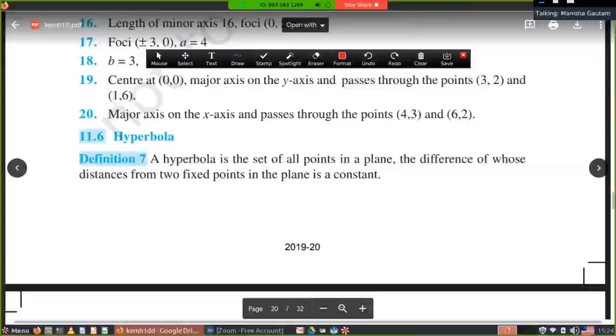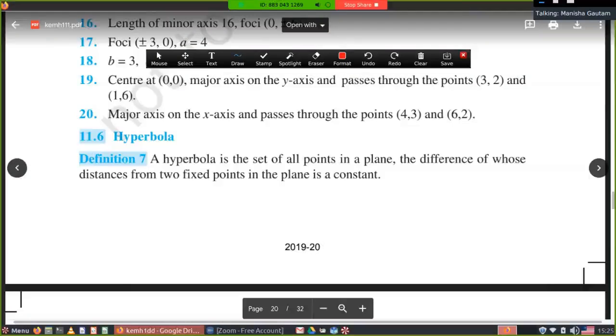In the previous lecture, we did the topic ellipse. Today we will start the topic hyperbola. When we discuss the hyperbola, you must know about the relation between angle alpha and beta.